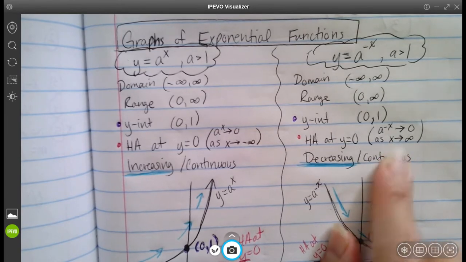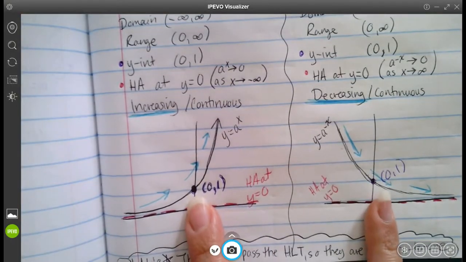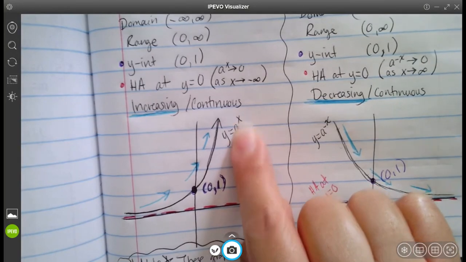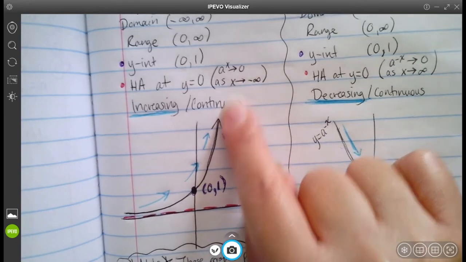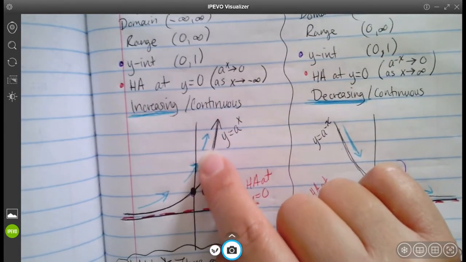And the reason for that is because of the way the graphs actually look, which is that the bottom part here is opposite. So you're going to see that the one with the positive exponent is actually increasing, and it's doing so continuously. That's why we have our arrows going up. This is actually called exponential growth.